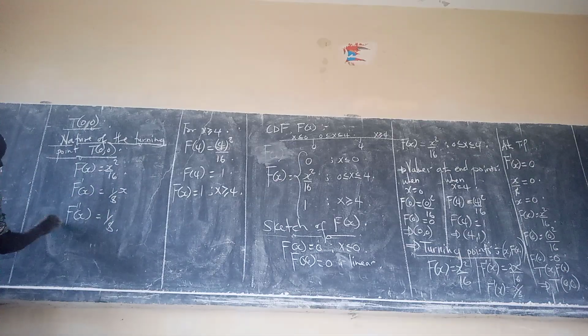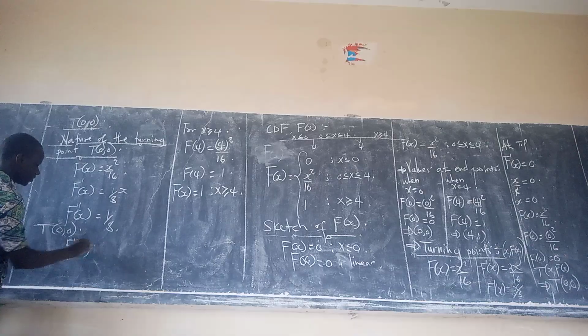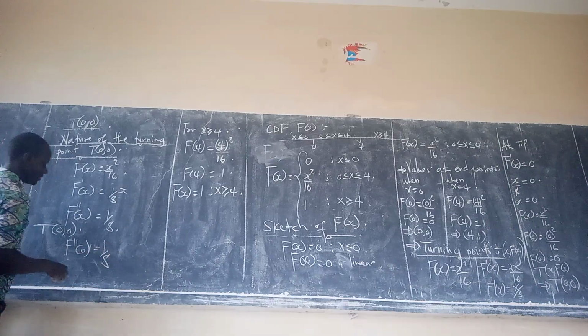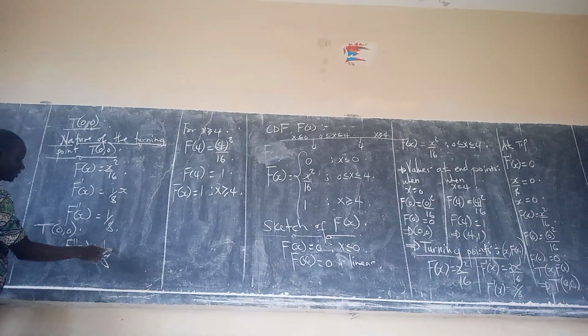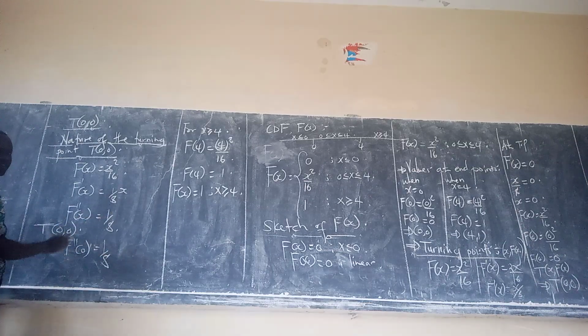So my turning point is (0, 0). I will get this x-coordinate and substitute there. So F double prime of 0 is 1 over 8. We don't have anywhere to put this x-coordinate because this thing is a constant.